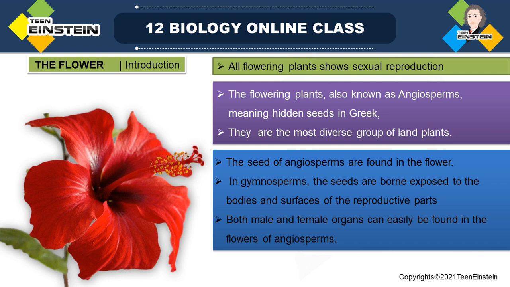It is very easy to identify the male and female organs in angiosperms. So in the flower, both male and female organs will be present.